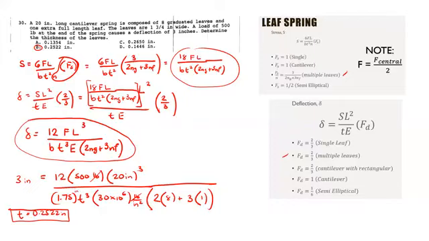So, next, number 31. In 31, we are looking for the moment of inertia of the solid circular steel column. The formula for moment of inertia is pi d fourth over 64. Just substitute. Pi over 64.